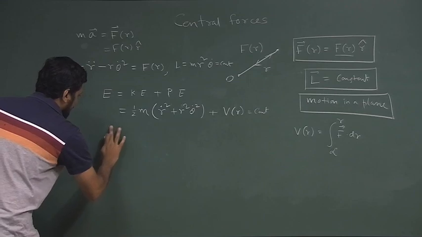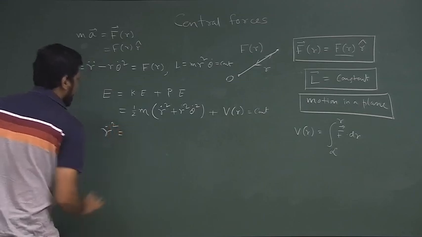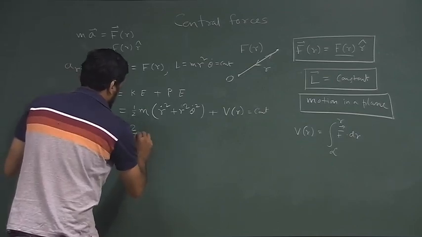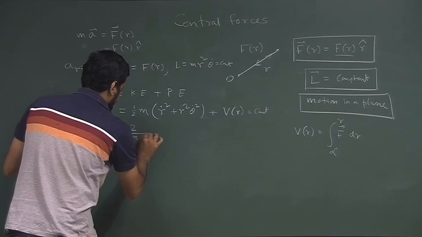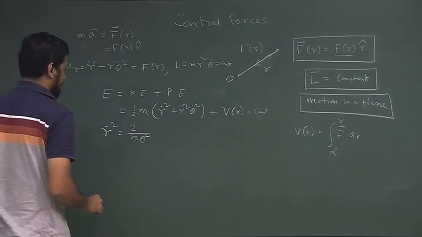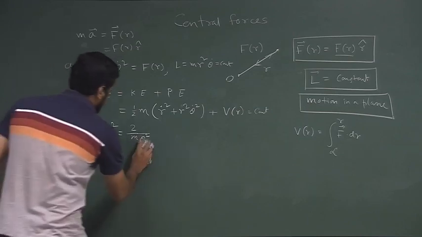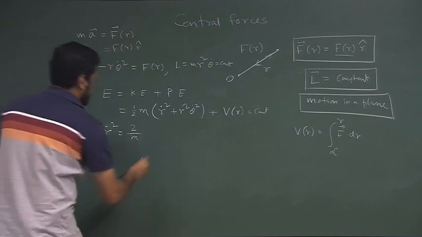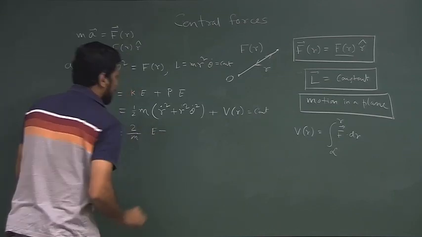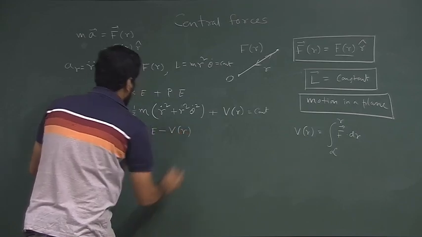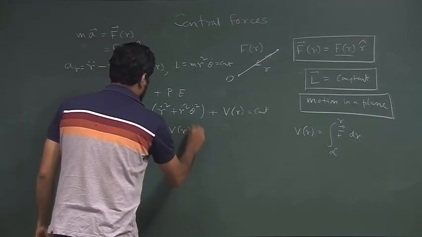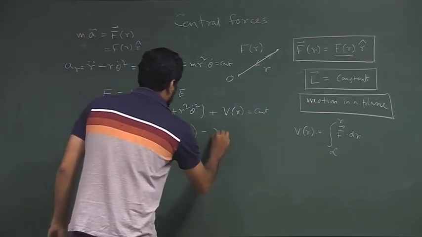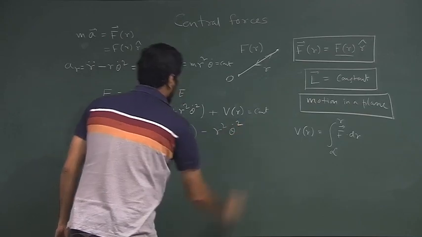We can immediately see that r dot square is equal to 2 by m times E minus V of r, minus r square theta dot square.